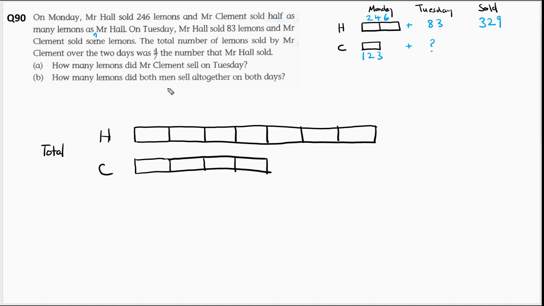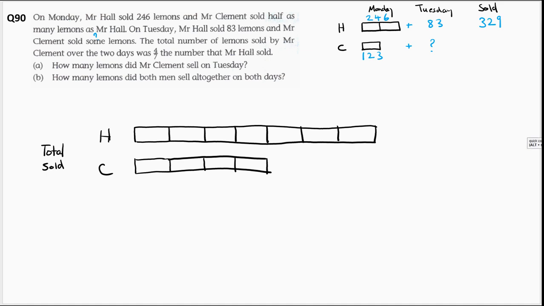Right. Well, let's see what we can do. Can we put any numbers in? What are the numbers that we were given? Well, so this is the total sold, yes? Well, we do have a value that we can put in here, don't we? We know the total number of lemons sold by Mr. Hall, and that's 329.